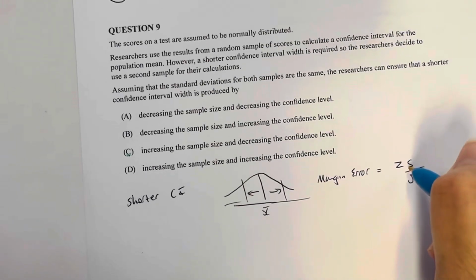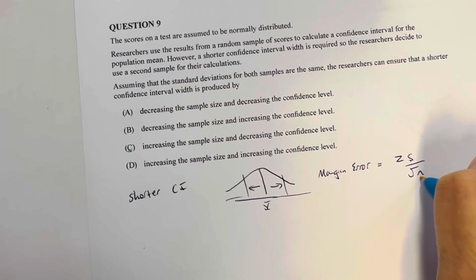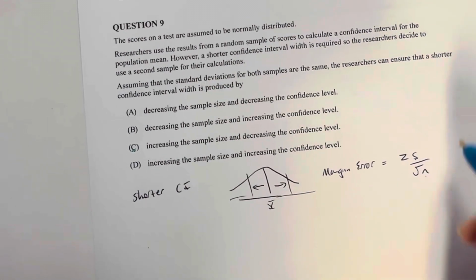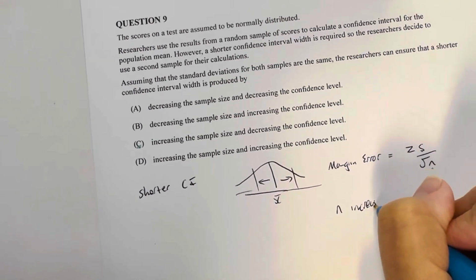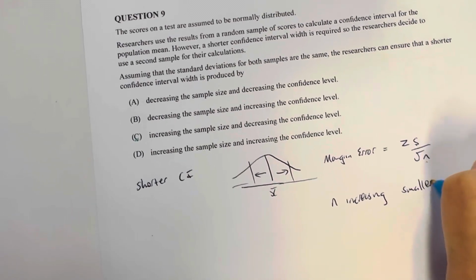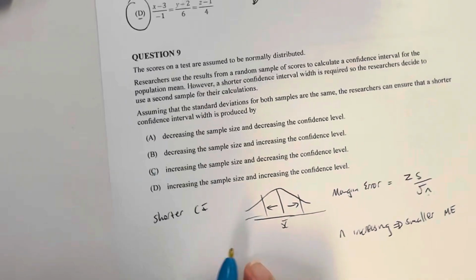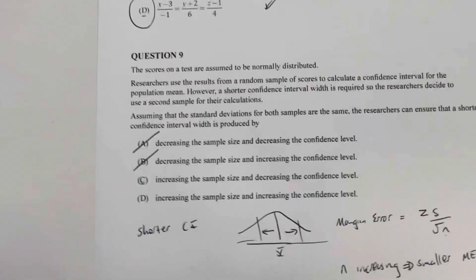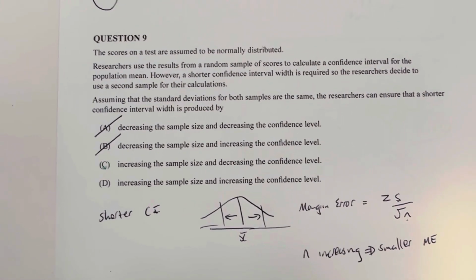The S is staying the same. If we change the sample size, if n is bigger, n is increasing, we're going to get a smaller margin of error. So we want increasing sample size. We're not going to be A or B. We must have an increasing sample size.